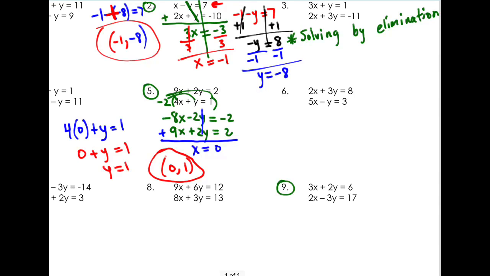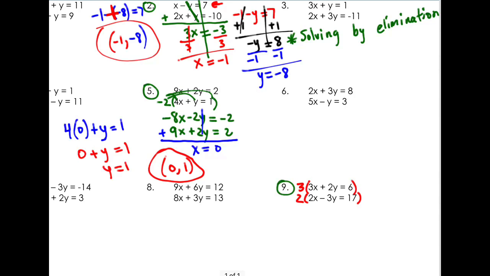All right, just get the right color here. All right, so we're going to multiply this entire thing by the opposite, so that's a 3. And we're going to multiply this entire thing by a 2, and that's going to allow us to cancel out that y term.